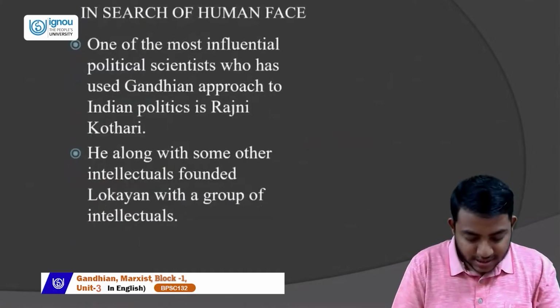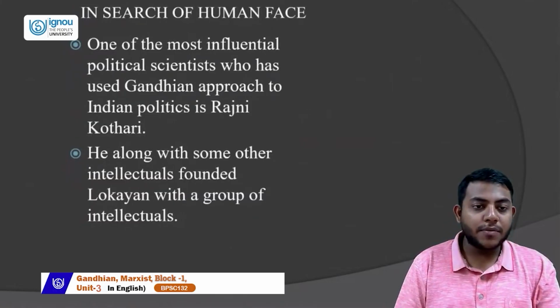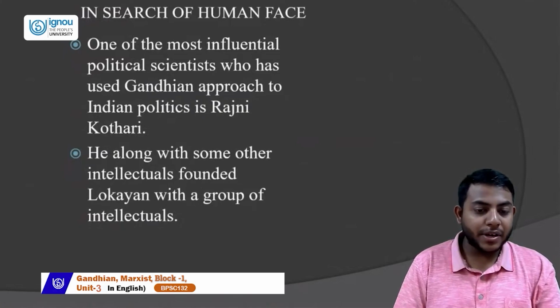So now we shall discuss In Search of a Human Face. One of the most influential political scientists who has used the Gandhian approach to Indian politics is Rajni Kothari. He, along with some other intellectuals, founded Lokayan.